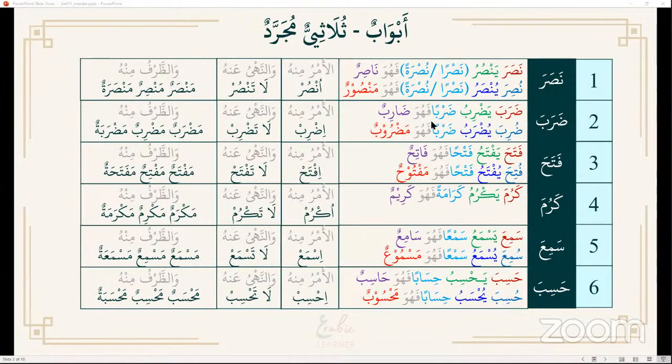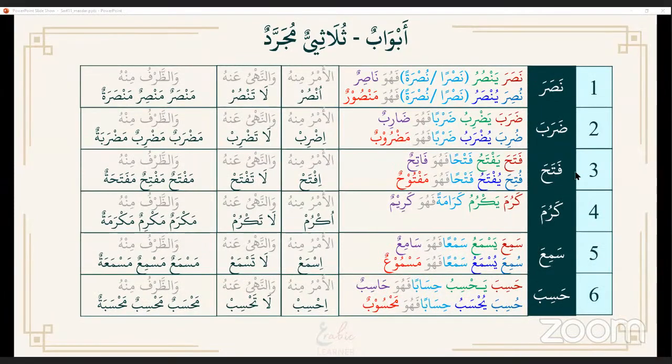Daraba yadribu darban fahuwa daribun, duriba yudrabu darban fahuwa madrubun. Al-amru minhu idrib, wal-nahyu anhu la tadrib, wal-dharfu minhu madrabun, madribun, madrabatun. Fataha yaftahu fathan fahuwa fatihun, futiha yuftahu fathan fahuwa maftuhun.